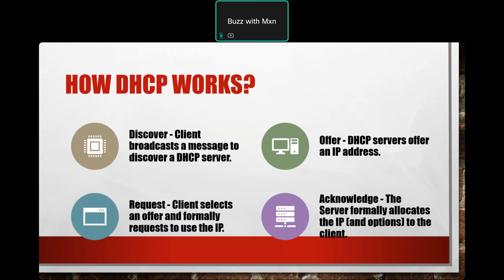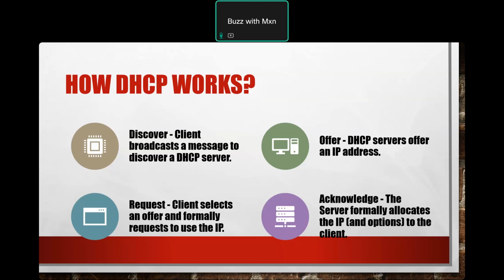The client broadcasts a message to discover a DHCP server, asking, hey, I am a laptop and I want to communicate with the outside internet. Can I know where the DHCP server resides and can I get an IP address?